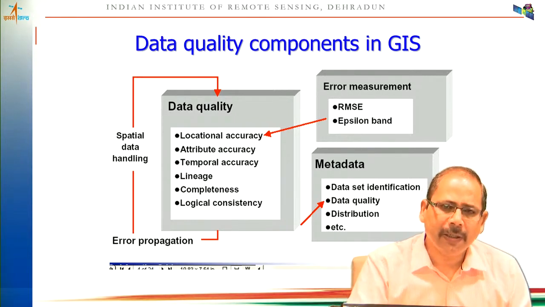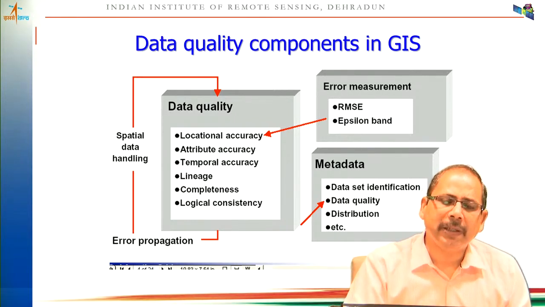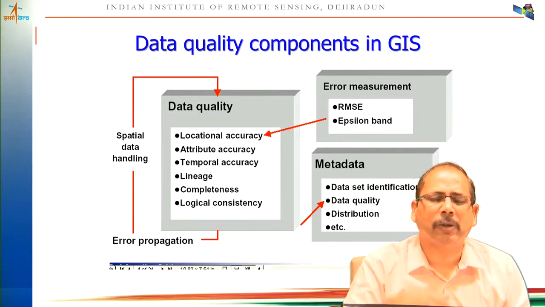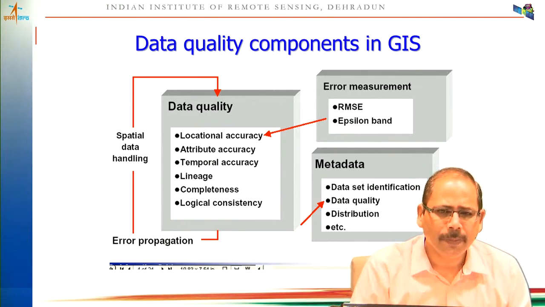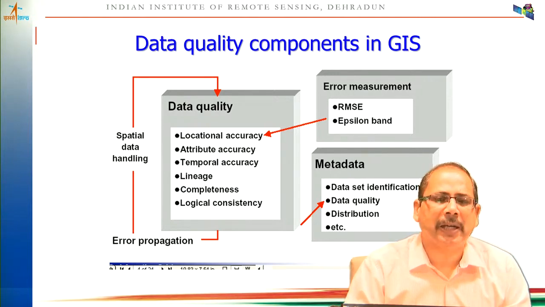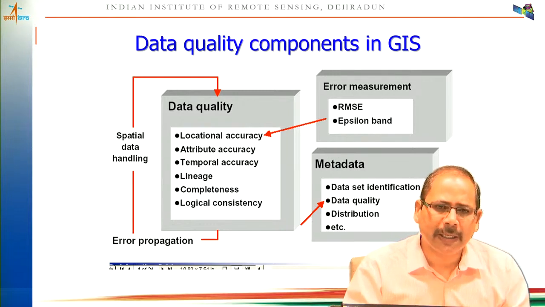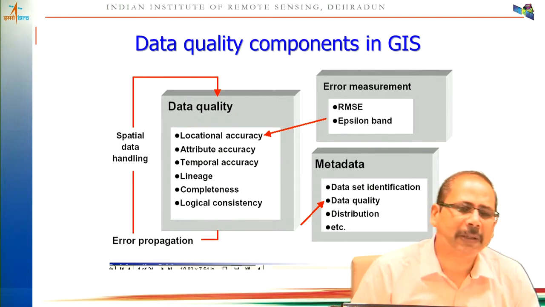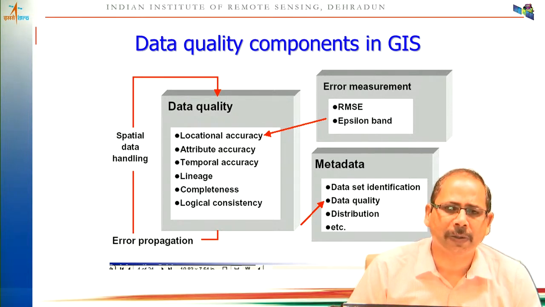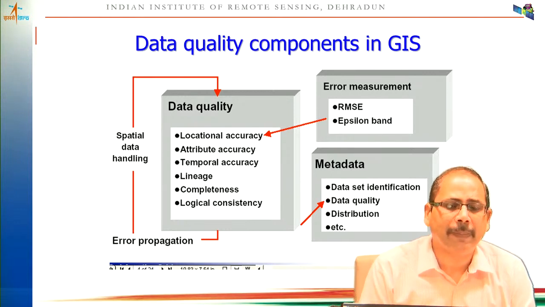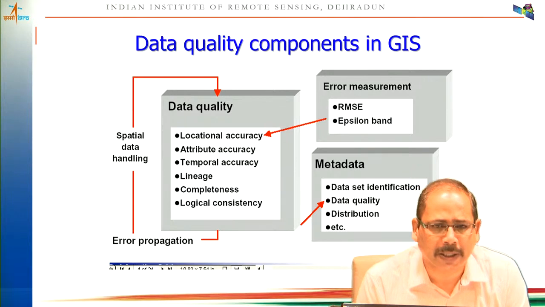For the same region, the satellite will capture another image maybe after 20 days, 25 days, or sometimes 5 or 10 days. Then I can compare how the features are changing, and that is the beauty of satellite remote sensing. So all satellite imageries have a temporal resolution. My colleague must have discussed the different resolutions during the remote sensing class. So temporal accuracy is another very, very important parameter in geospatial data.